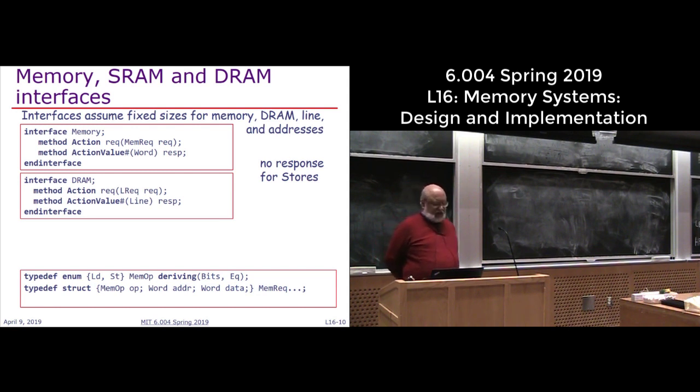Yes? Okay. And also notice that I'm using action value interfaces for getting the answers back. Until you pick up the answer from the memory, it's going to sit there, and the moment you pick it up, it's gone from there.